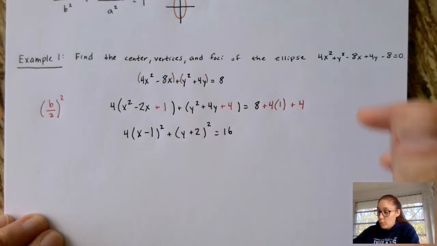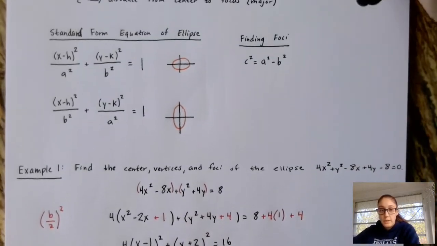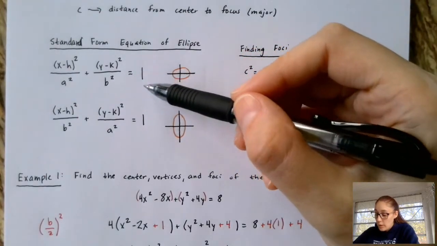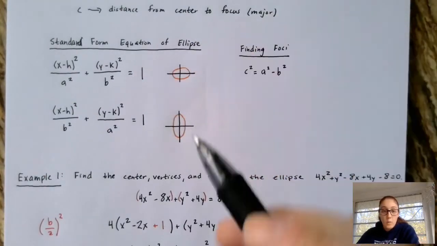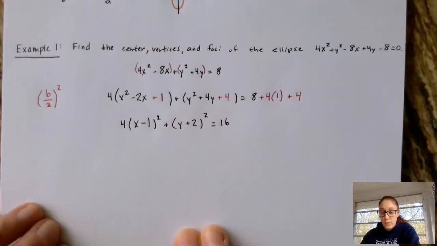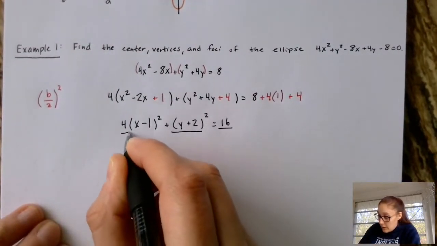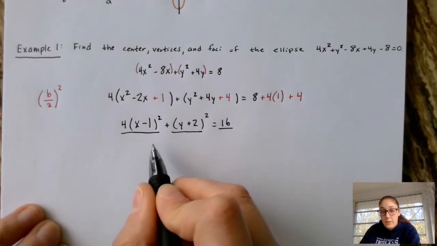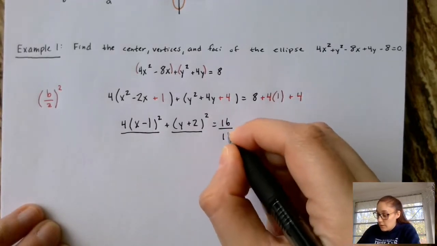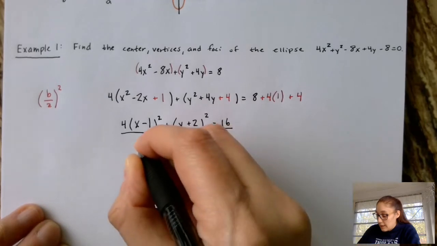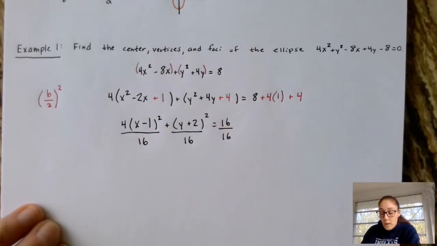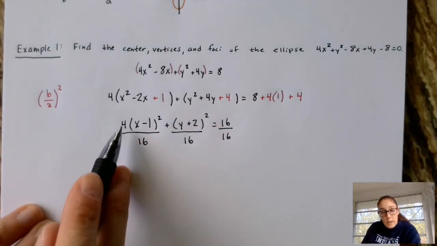Alright, so we're almost there, but notice that in our equation for ellipses, they always have to equal 1. So what I'm going to do, since this doesn't equal 1, is I'm going to divide everything, because if I do it to one side, I have to do it to everything. I'm going to divide by 16 so that that side actually equals 1. So here, all I need to worry about are the coefficients.